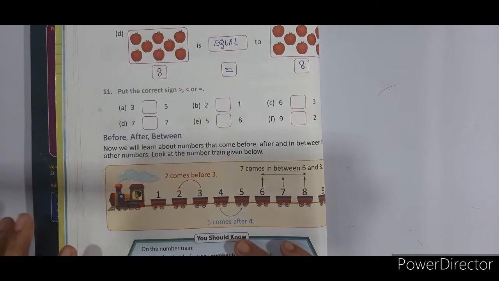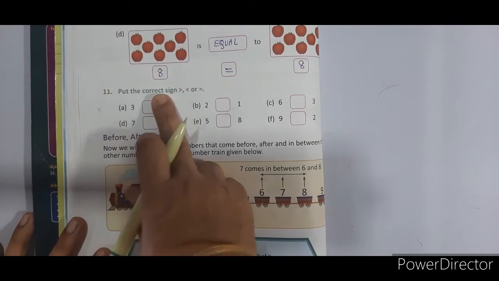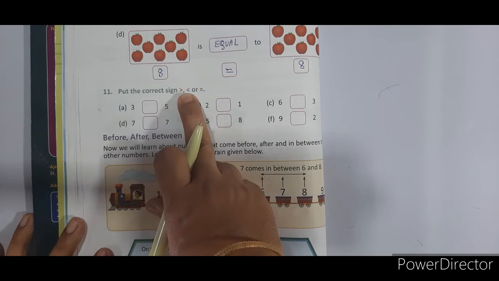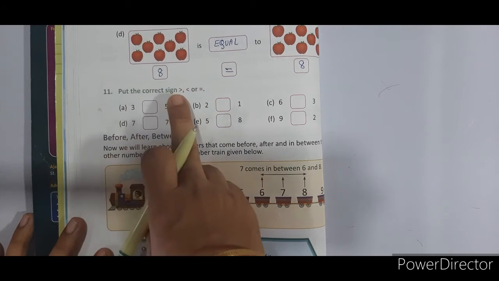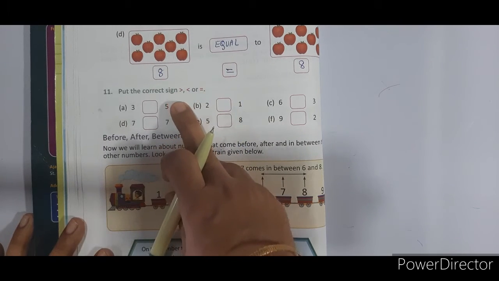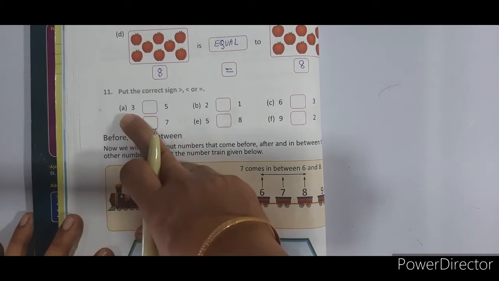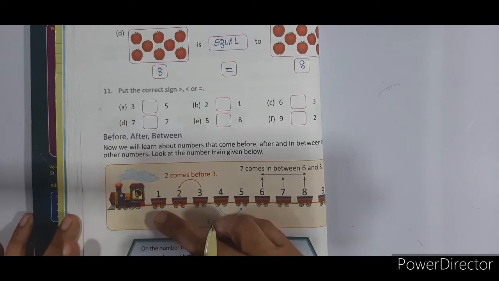Okay. Now go for the last exercise, that is to put the correct sign: greater, less or equal. You can say more, greater also. So here you have to again compare the numbers and put the signs.